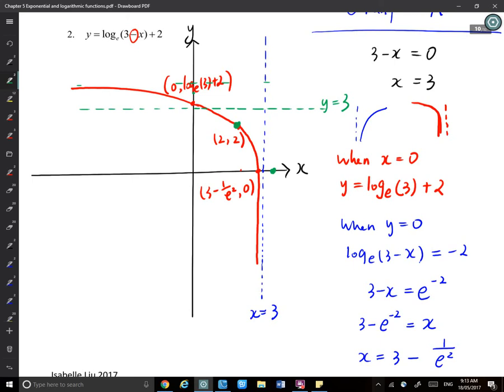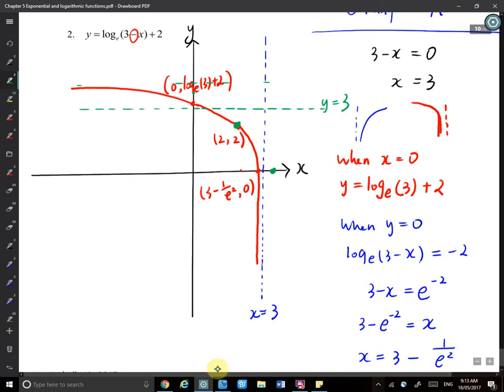And then we have the point (0, 3 minus 1 over e to the power of 2), which I will have here. Because it's an exponential function, this exponential will look like that. That's the exponential function.